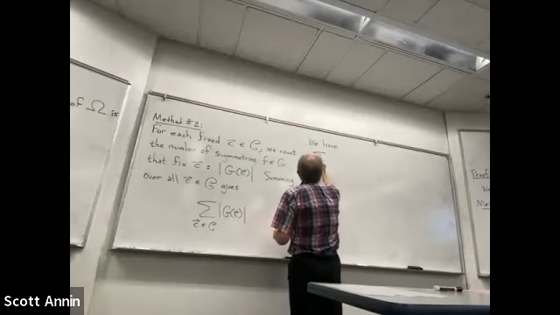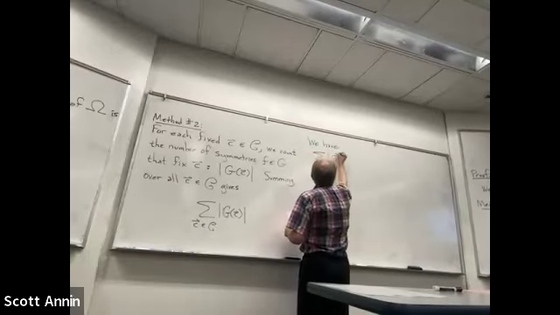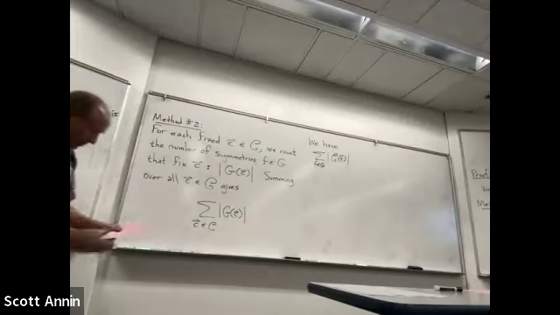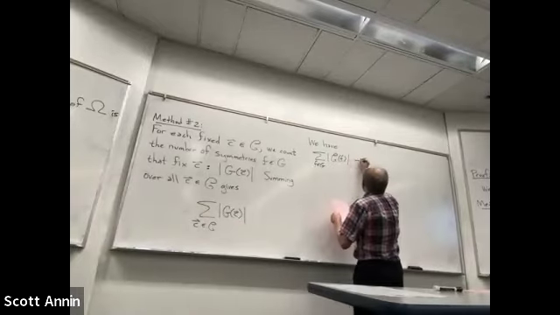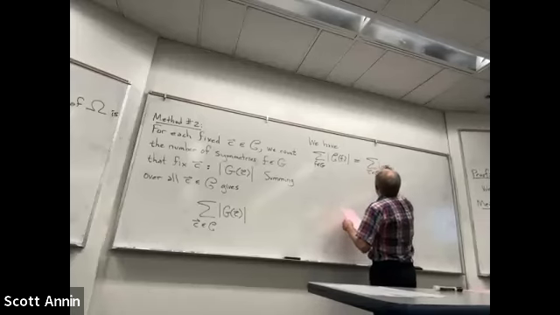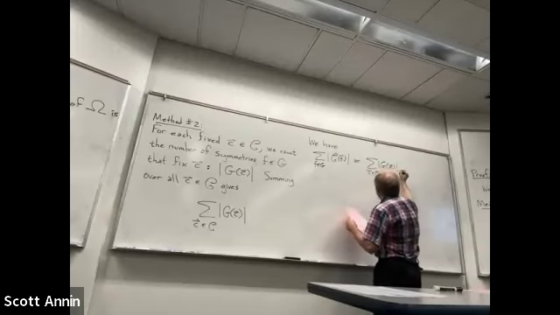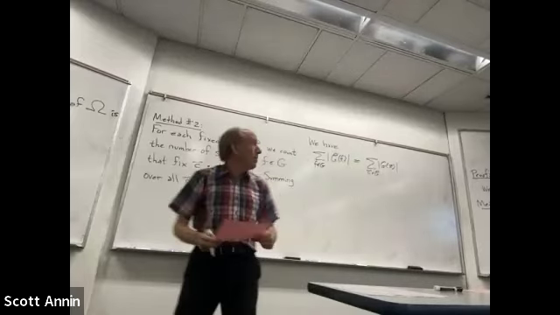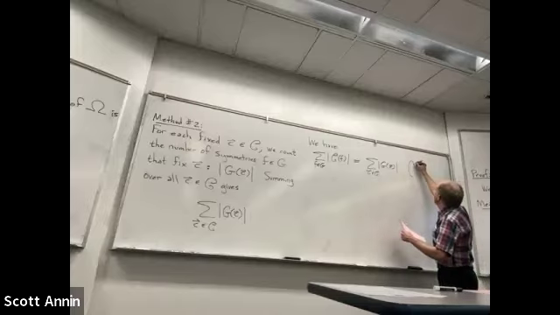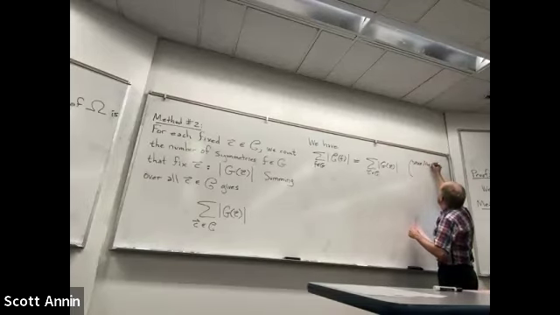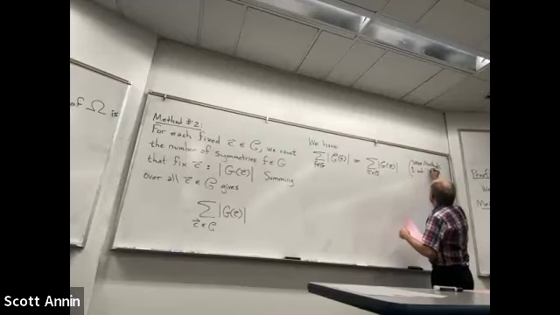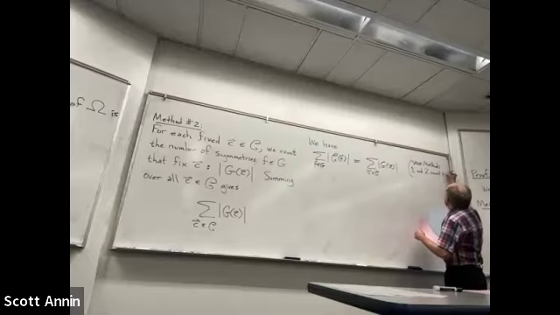The summation over F in G of the size of the C of F is equal to the summation over the C in script C of the size of the stabilizer of C. And if you want to have a little justification here, this would just be since methods 1 and 2 count the same thing.